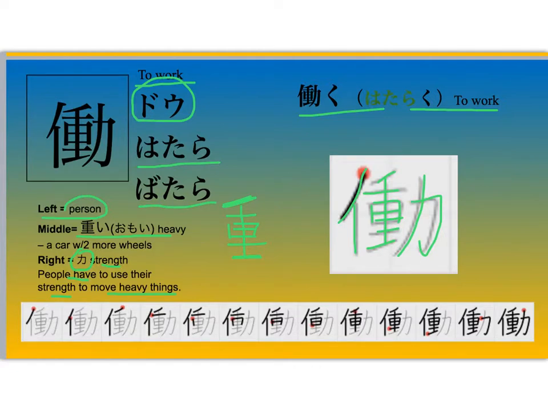I think the tricky bit here is that you do the middle stroke here in the middle before you do these 2 bottom strokes. That's a little tricky. Notice that this stroke and this stroke are angled. So it doesn't look like this. Both of those are angled and should be written as such.